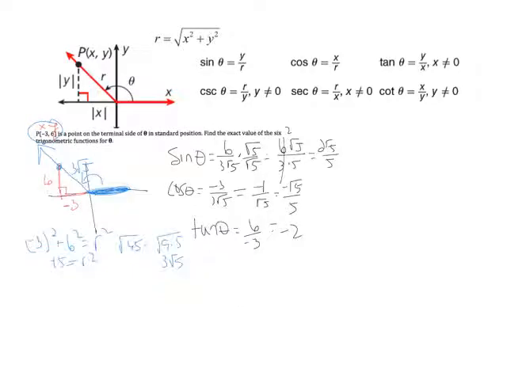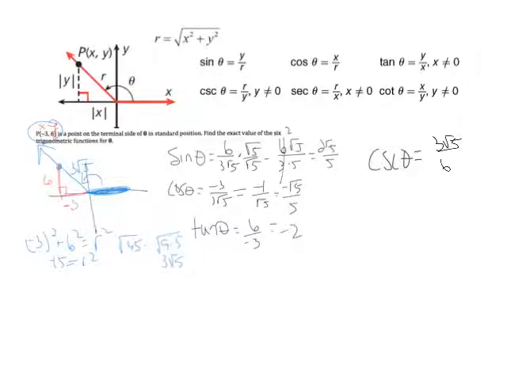Then, sine and cosecant go together, so cosecant of theta equals, and I'm going to go back to the original fraction that I wrote. You can go here, but it's just easier and faster to go here. So ultimately, you've got a 3 radical 5 over a 6 because they're just reciprocals.